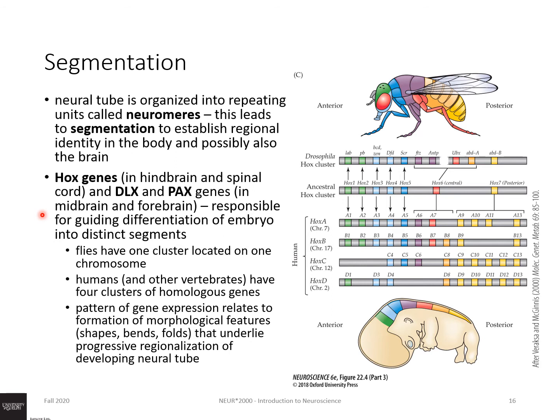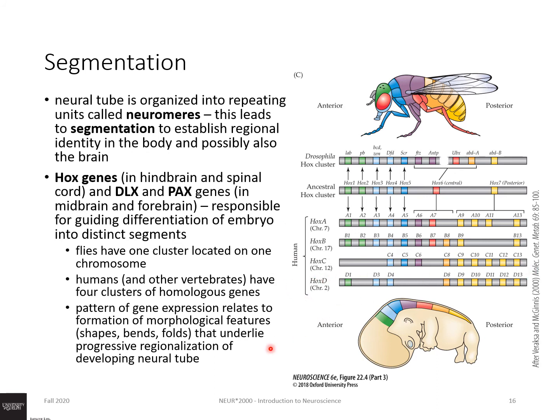So Hox genes of humans and of most mammals have apparently been duplicated twice, leading to 4 independent groups, each on a distinct chromosome. And the anterior to posterior pattern of the Hox gene expression is reflected both in flies, in Drosophila, and in humans.